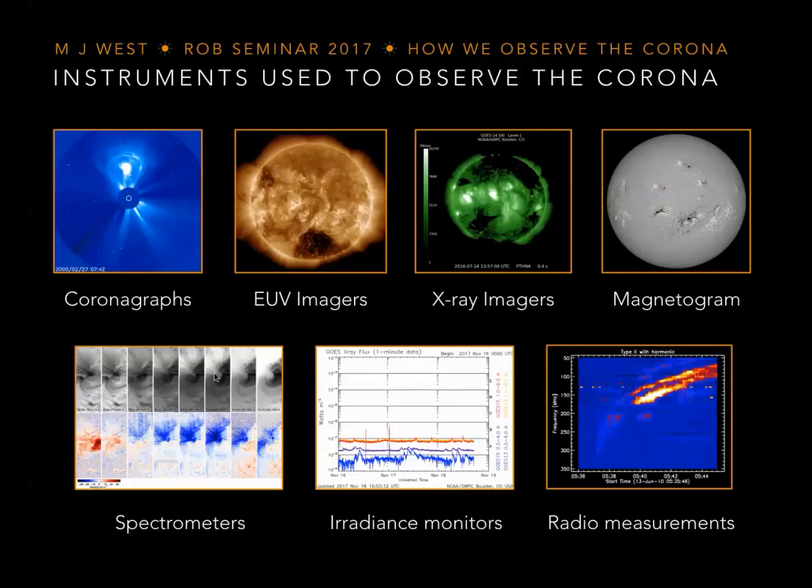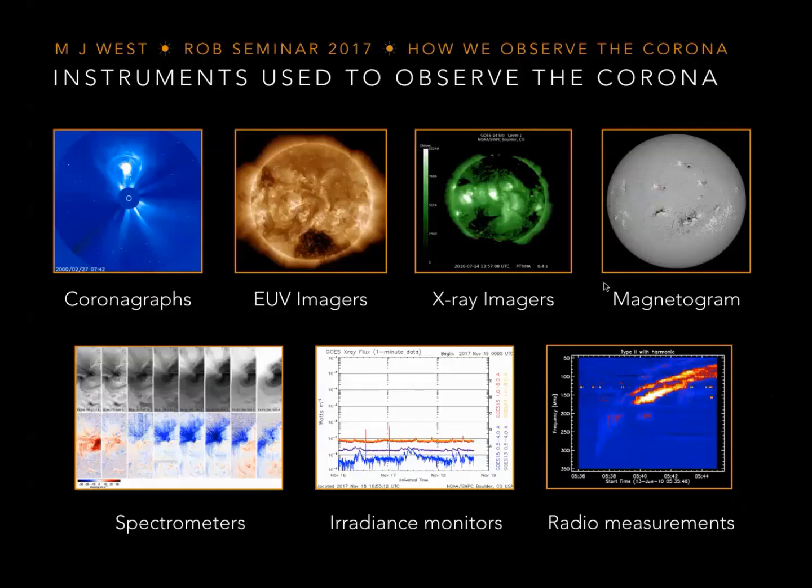To actually observe what we would see on the solar disk in the atmosphere, we have to filter out different wavelengths, and we've produced a whole series of images with different passbands, which allow us to see in the EUV and the X-ray the hotter regions of the solar atmosphere.